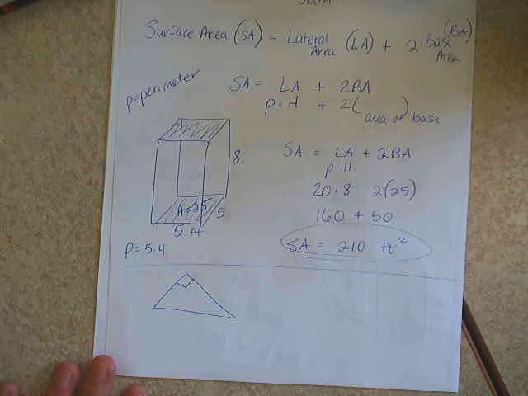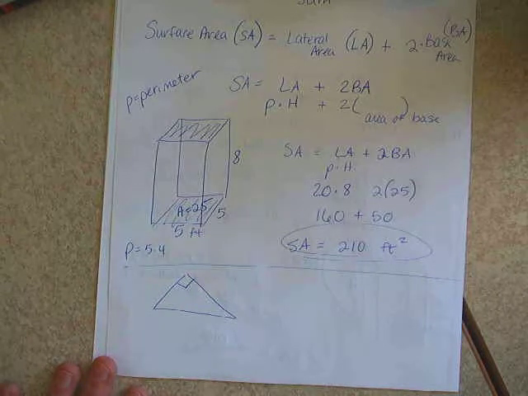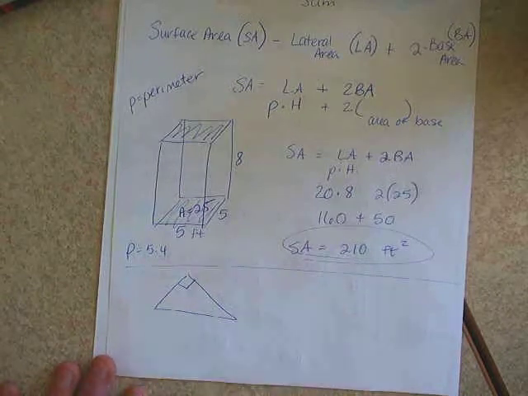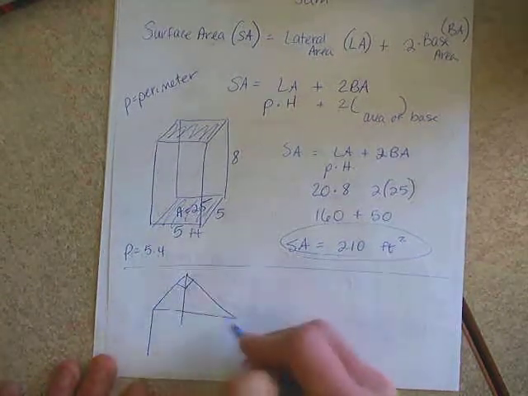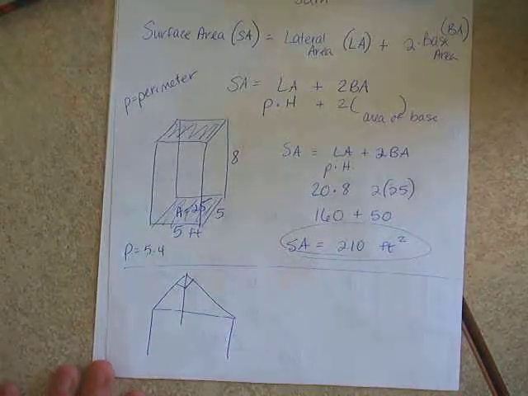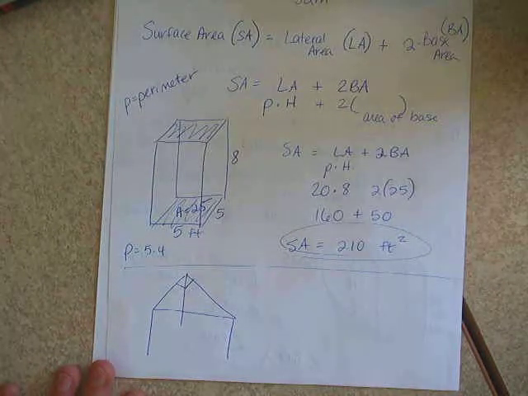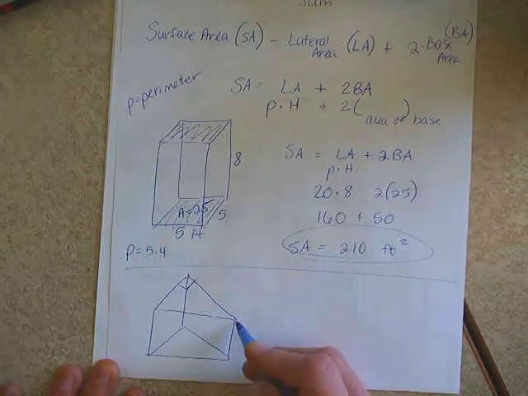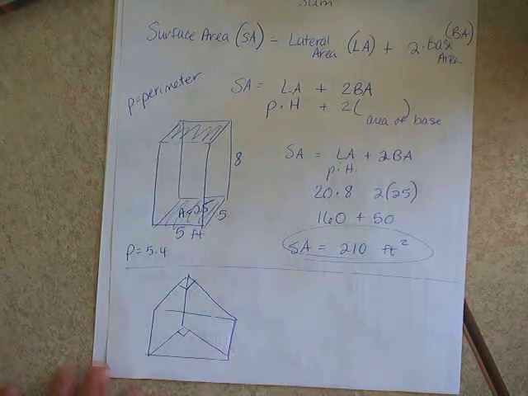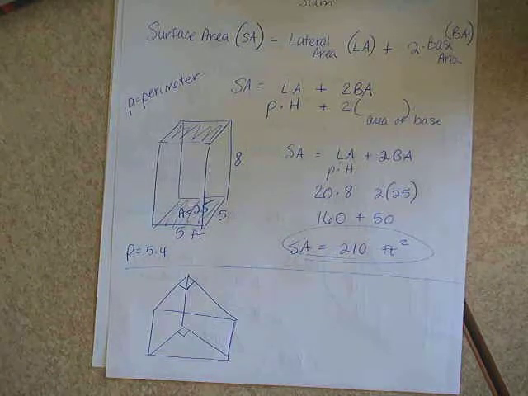Okay, another prism. Now watch how I draw this, because people second hour were like, what? Okay. Draw a right triangle. A right triangle, yeah. Now, easier on this one, go straight down from your vertices, the same amount, like so.